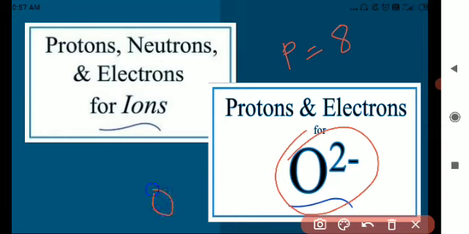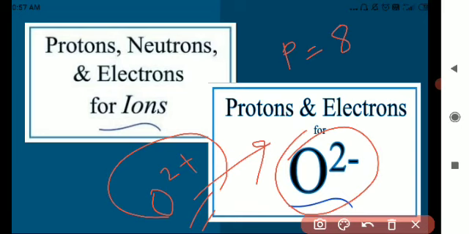Oxygen is never written as 2 plus, but just to make you understand, I am taking this example. Mostly it is O 2 minus. But if O 2 plus charge is there, what will happen? That means it has a lack of 2 electrons. 2 plus means it is donating 2 electrons.